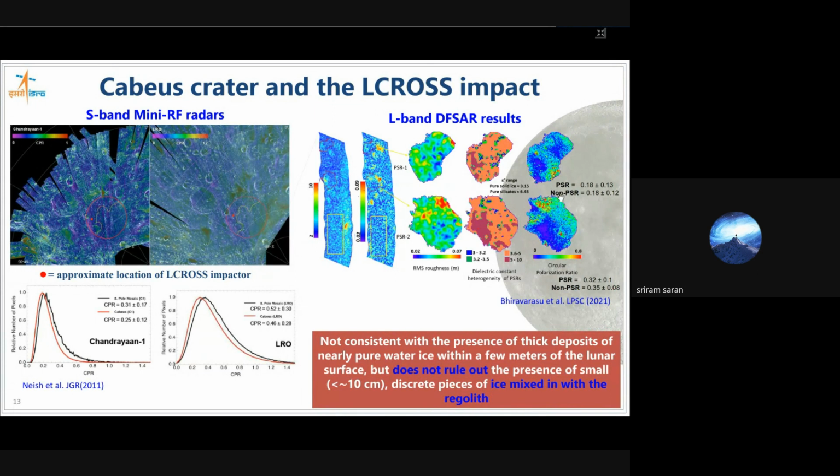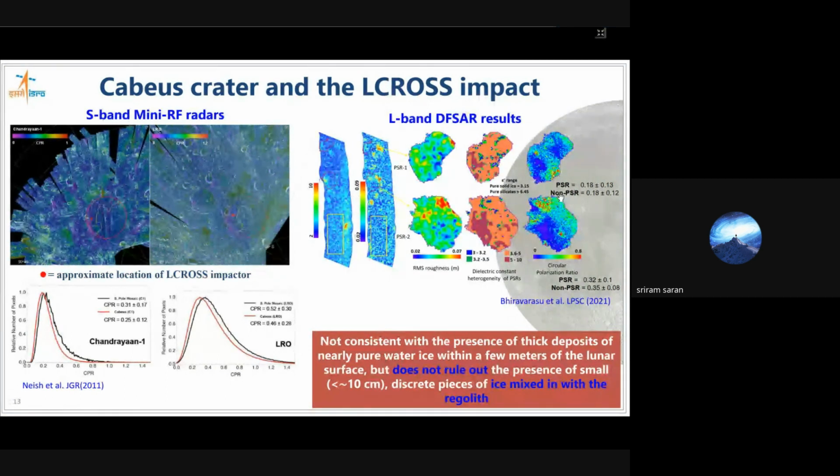And then we observed some patches on the floor of Cabeus which could contain some patches of water ice mixed with the regolith, but there is no presence of thick deposits of pure water ice, at least within a few meters of the regolith, up to where this L-band radar can penetrate.